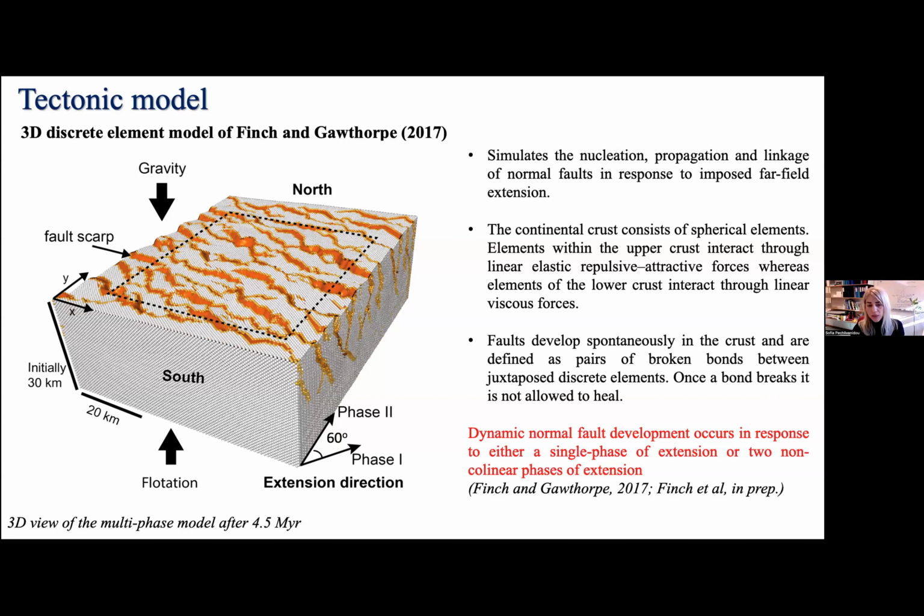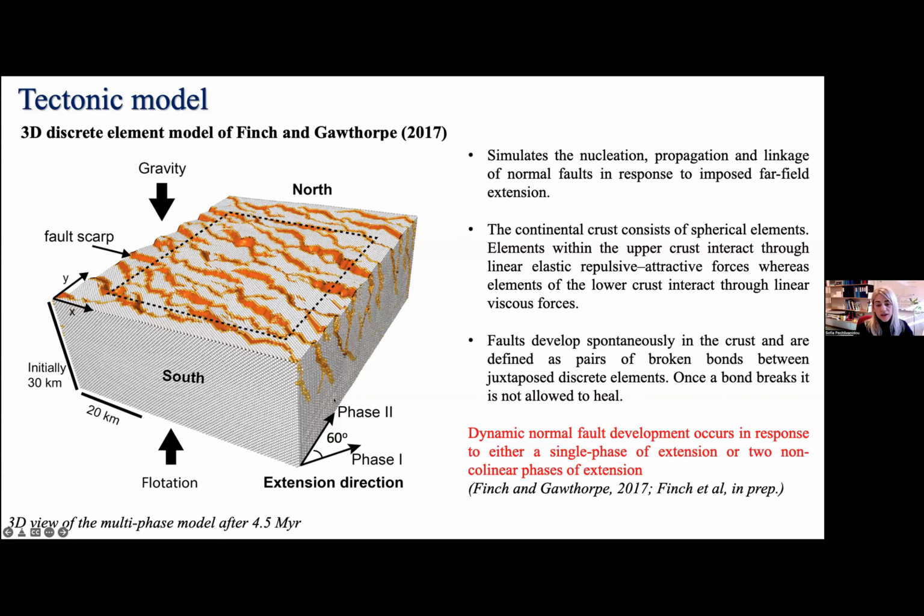In our study, we used output from two experiments, one where fault development occurs in response to a single phase of extension, and one where fault development occurs in response to two non-collinear phases of extension. In the slide here, you're looking at a 3D view of the multi-phase model after 4.5 million years.